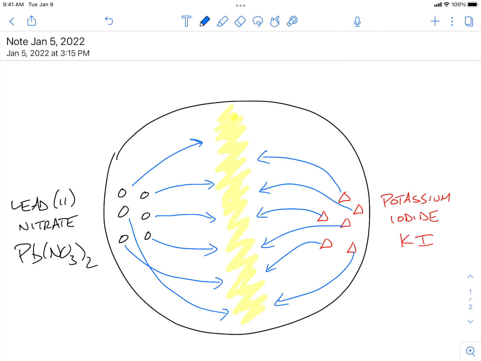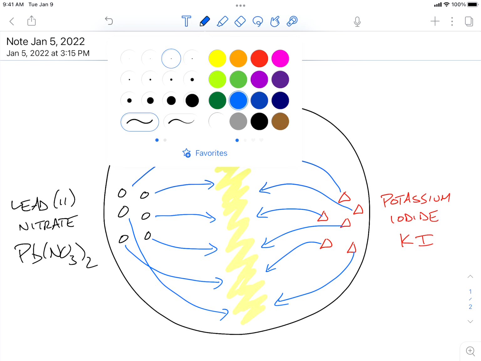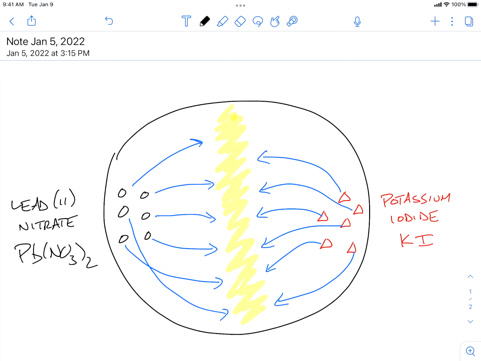What I might try to insinuate here is that in the center, this is where the lead particles went to: 1, 2, 3, 4, 5, 6. I'm also insinuating that there was a reaction that took place between those particles and the potassium iodide.